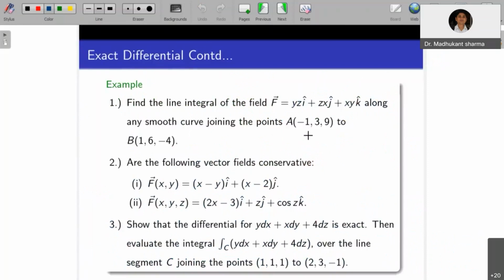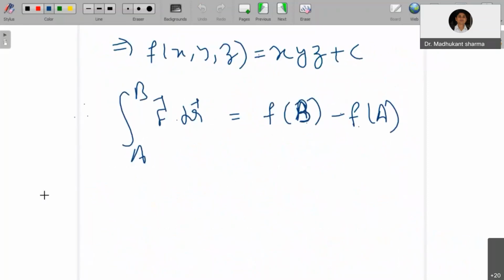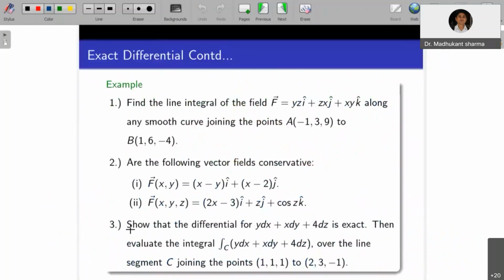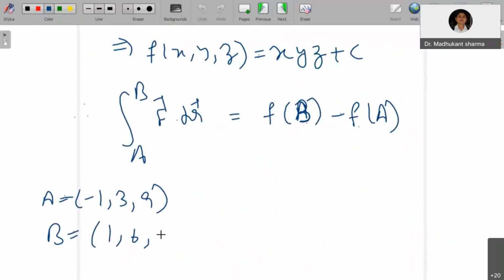So your point a is minus 1, 3, 9. And point B is 1, 6, minus 4. So f is equal to x into y into z plus c.